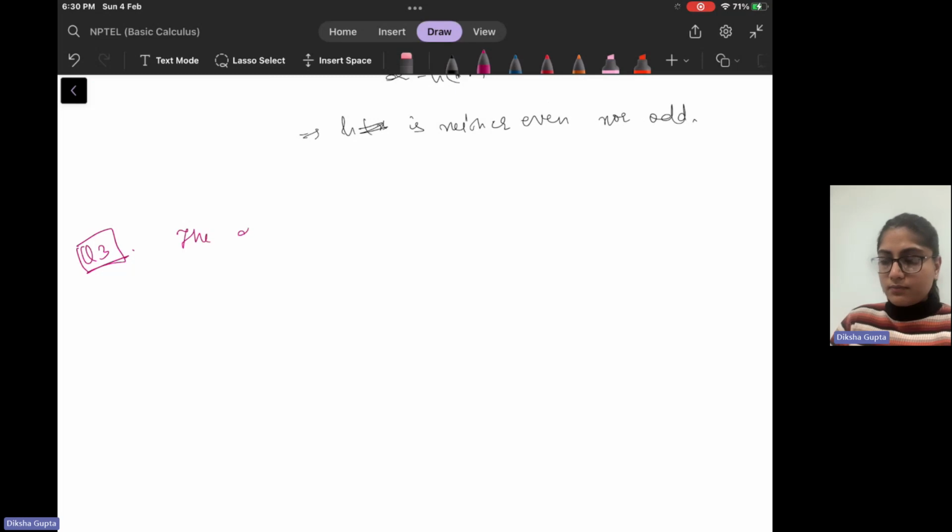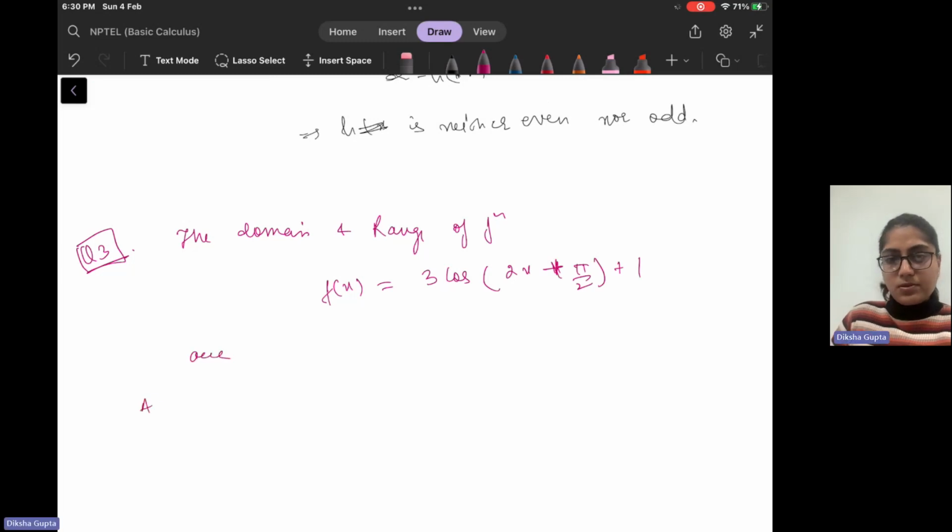The domain and range of the function f(x) = 3 cos(2x + π/2) + 1 are, you have options: A, S equals minus infinity to infinity.